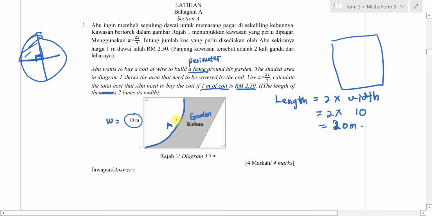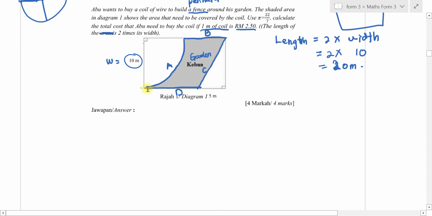Let's say I label it as A, this as B, this as C, and this one as D. So we need to find all the respective lengths A, B, C, D. I think B can easily be found because this is a quadrant circle.